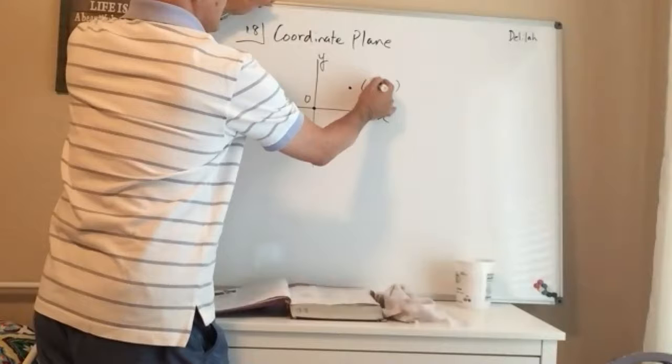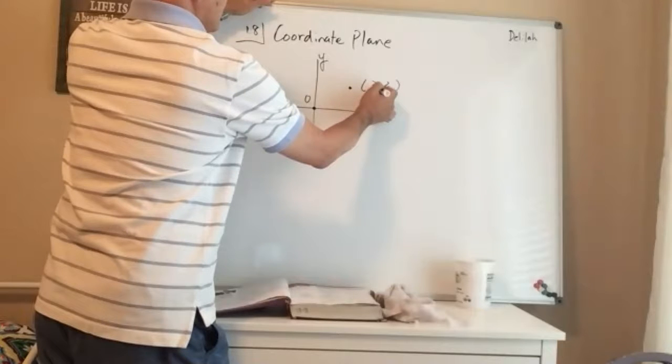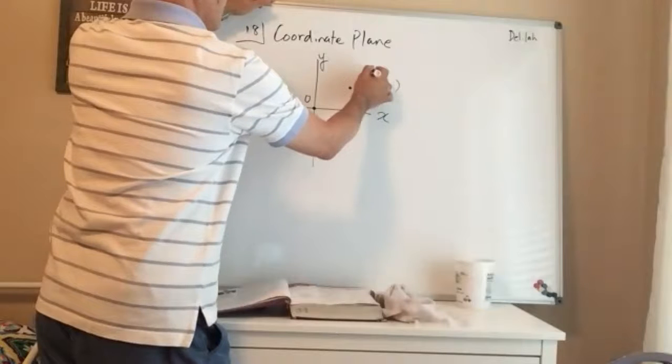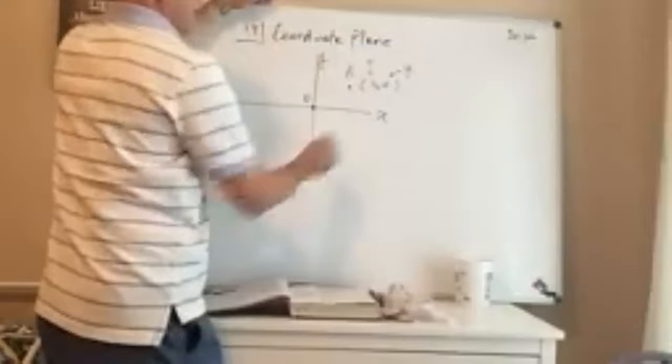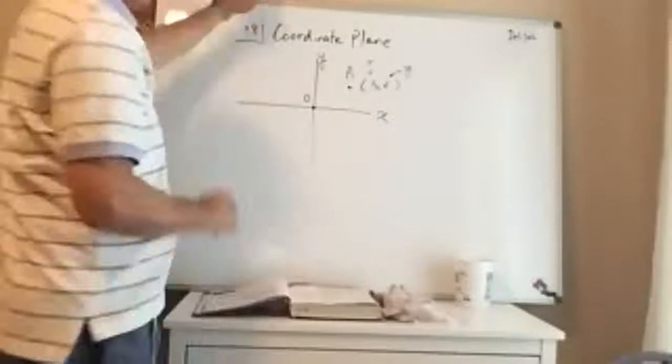So I go 1, 2, 3 over here. Because 3 is positive, I go to the right. And when it's positive in the y direction, I go up. So I go 1, 2. This ordered pair for this point A would be 3 and 2.